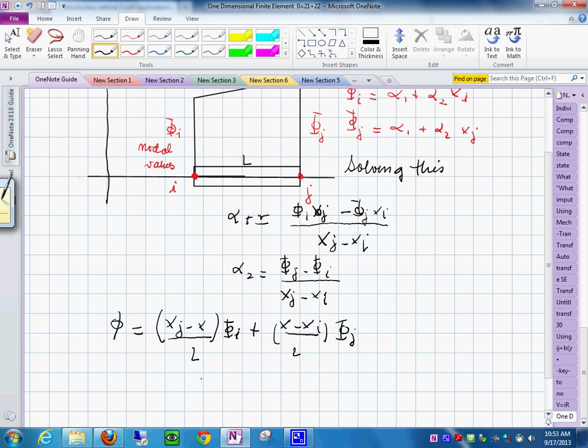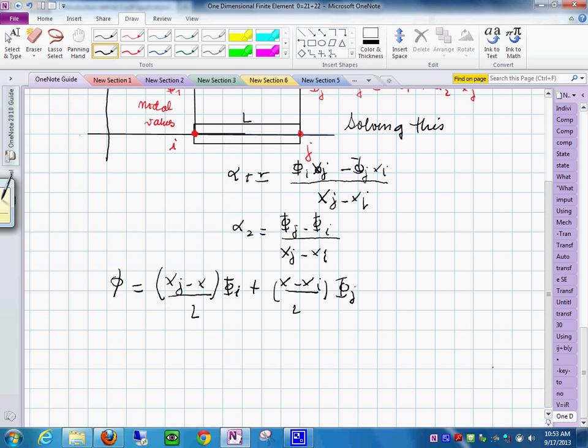In this particular case, we gave names to these things. This one on the left is going to be called n sub I, this is going to be called n sub j, and these are going to be called shape functions.